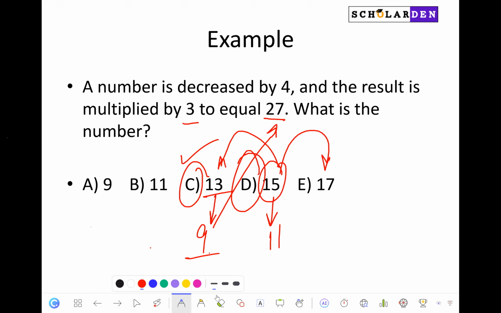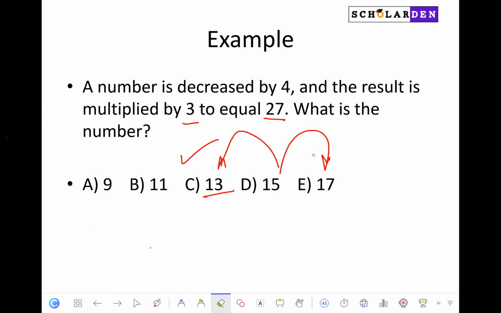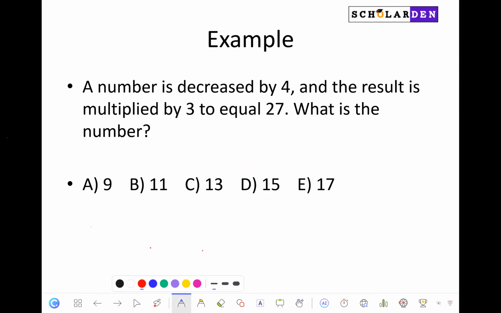So you can do it both ways. You can jump directly to formulating a mathematical expression, or you can do that by taking the options and back solving them. Back solving is exactly this: take the answer and check if it validates the conditions provided in the statement itself. You're not starting from the statement going towards the answer.